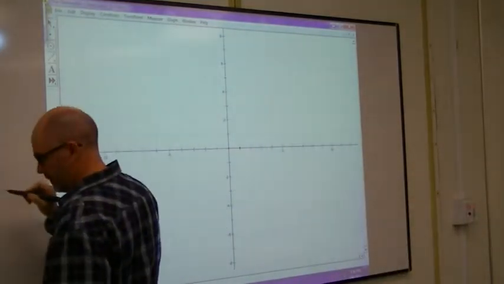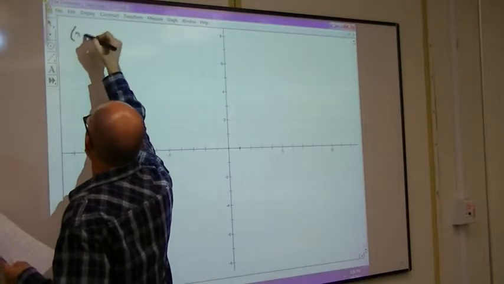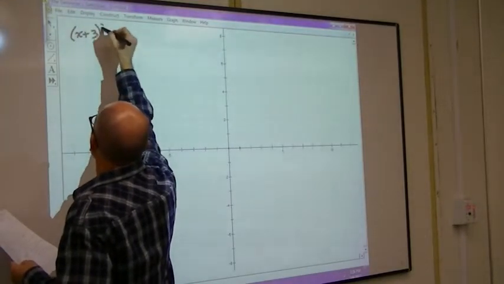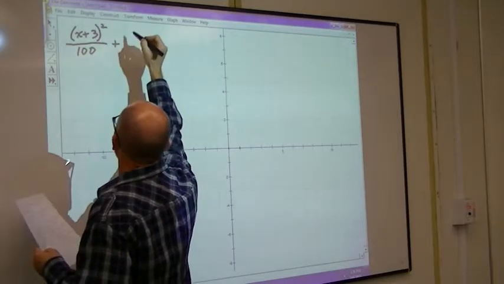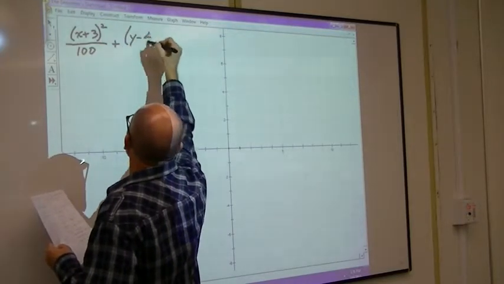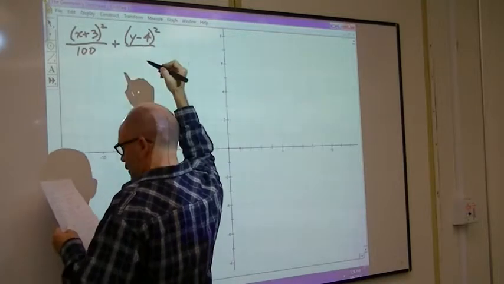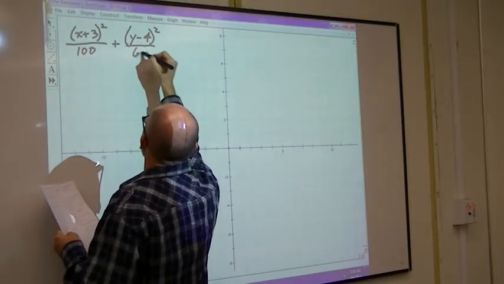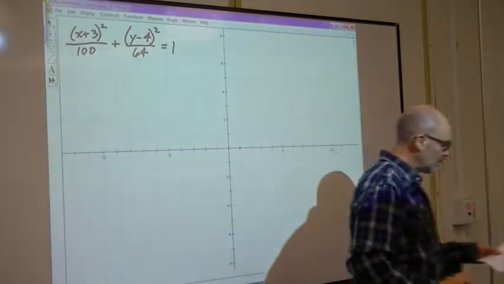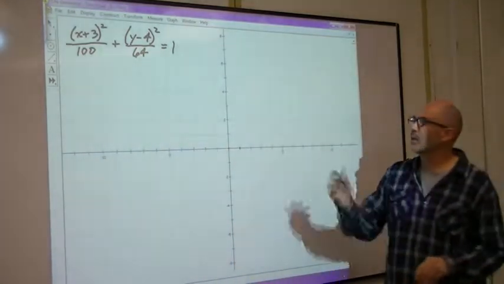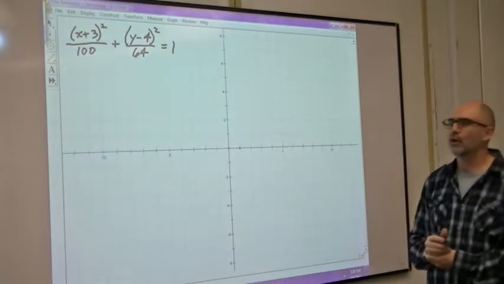This time we have (x plus 3) squared over 100 plus (y minus 4) squared over 64 equals 1. So basically we want to graph this thing and label all the parts.